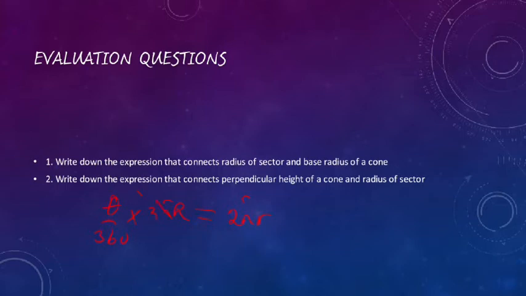If you use this one to remove this one, you have r equals theta over 360 times R, and that is the first relation between them. The second one is after the cone has been folded, you have a right angle triangle, which you can use Pythagoras theorem for, and SOHCAHTOA. And that is the end of the first period.